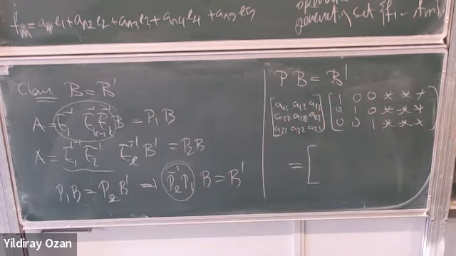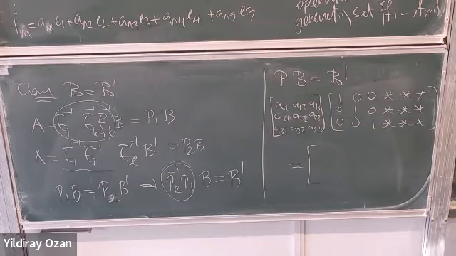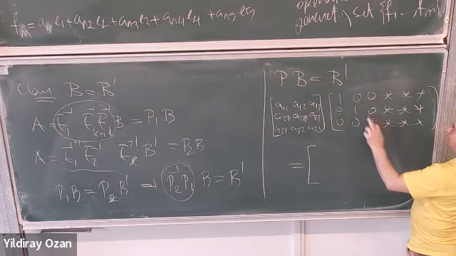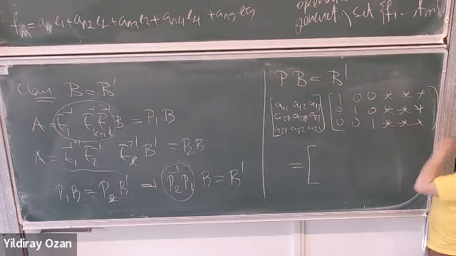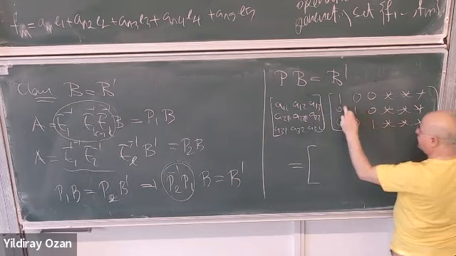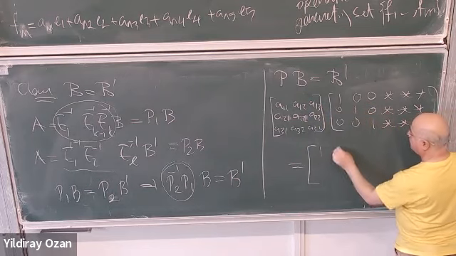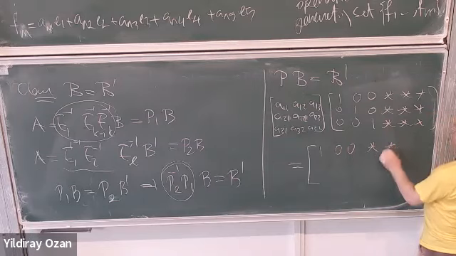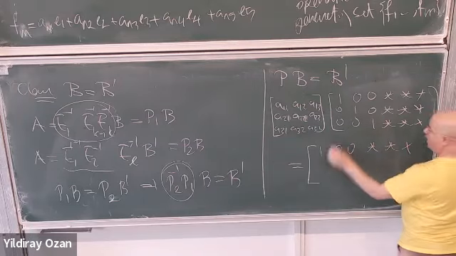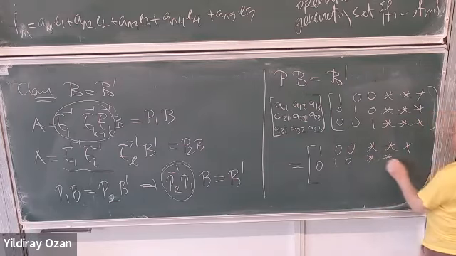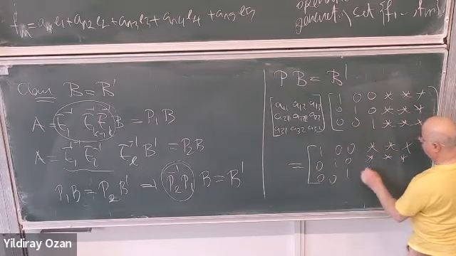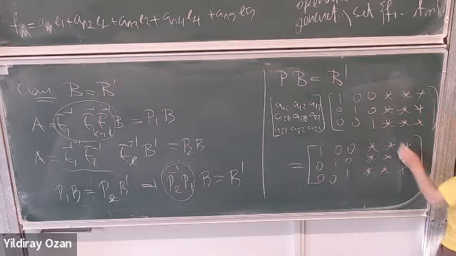Row operations will keep the row space the same. Therefore, I should have a vector like this here, 1, 0, 0. But here it may have something else, and then I should have this. And I should have this also. But these entries may not be the same as these entries.